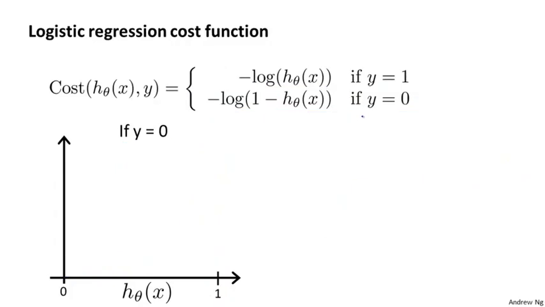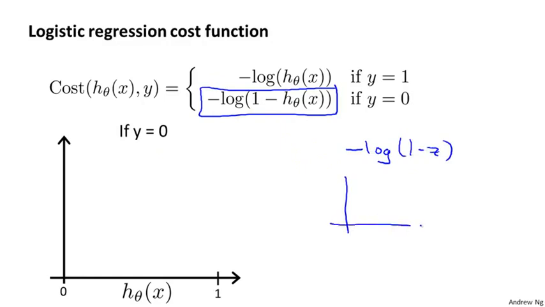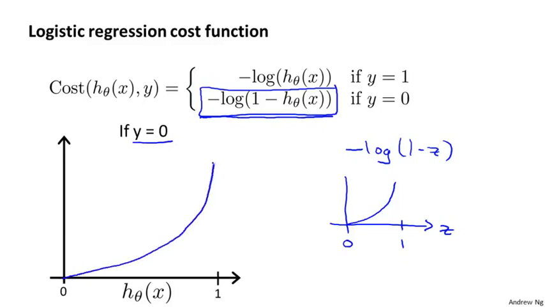Let's plot the cost function for the case of y equals 0. If you look at this expression, and if you plot minus log 1 minus z, you get a figure that looks like this, which goes from 0 to 1 with the z-axis on the horizontal axis. So if you take this cost function and plot it for the case of y equals 0, the cost function looks like this. And what it does is it blows up, or goes to positive infinity, as h of x goes to 1.